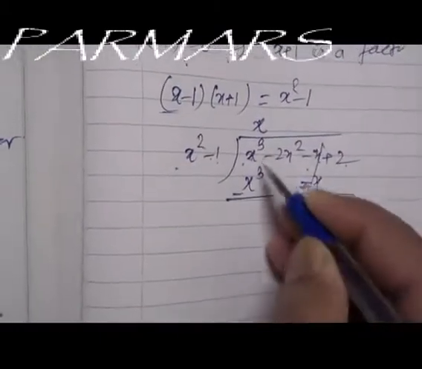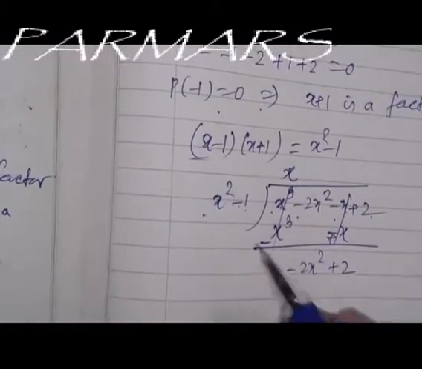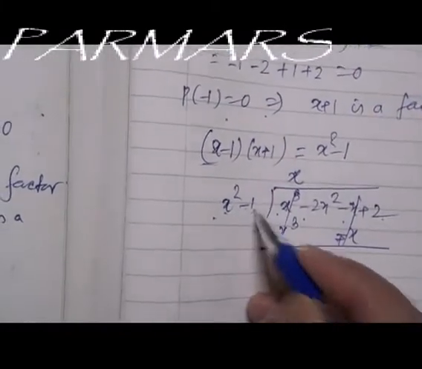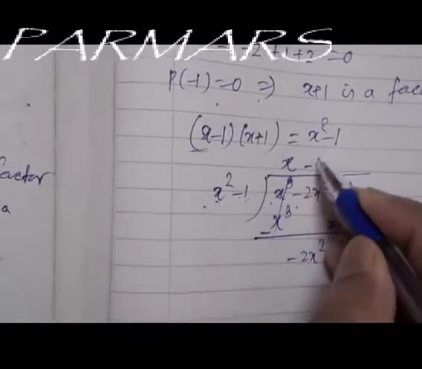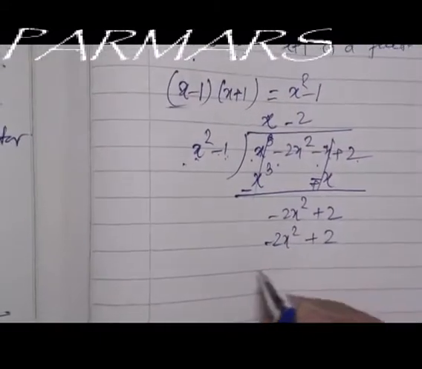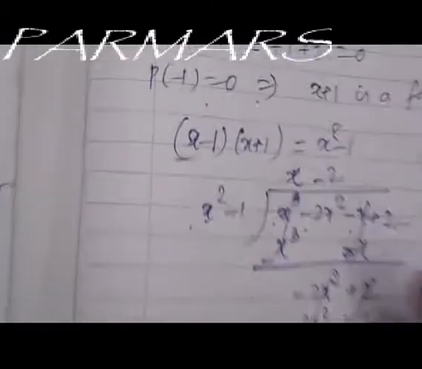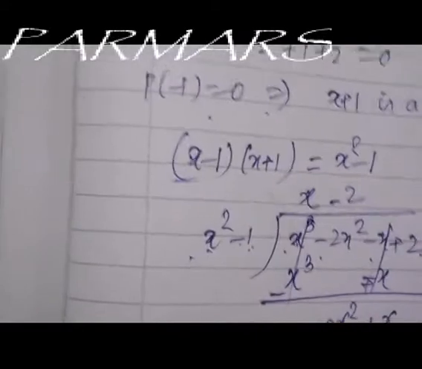Subtract, cancel. Minus 2x square plus 2. Again x square minus 1, minus 2, plus 2, 0. So the third factor is x minus 2.